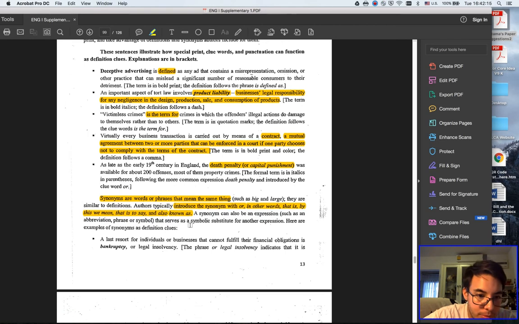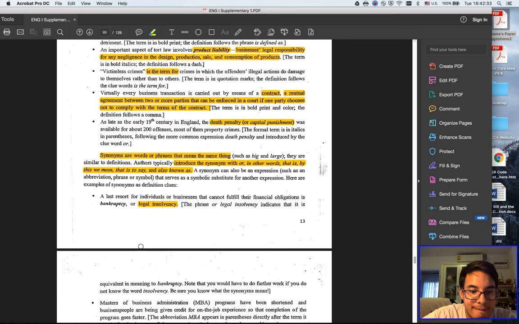Okay. So, for example, in this sentence, a last resort for individuals or business cannot fulfill their financial obligations is bankruptcy, comma, or legal insolvency. So bankruptcy and legal insolvency means the same thing.